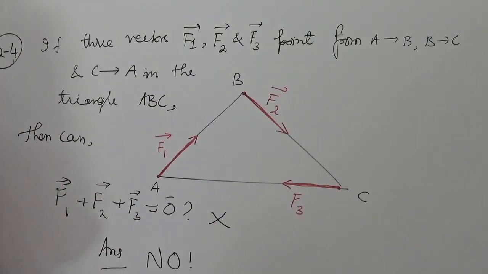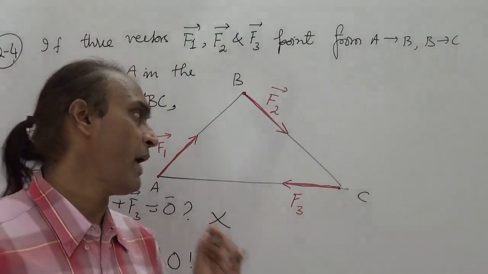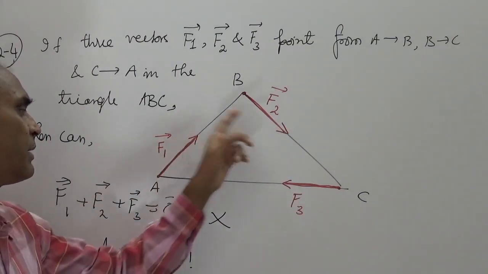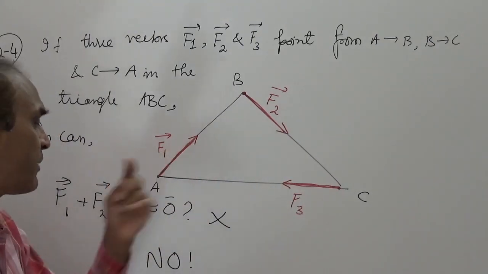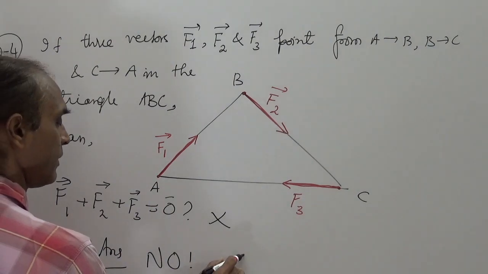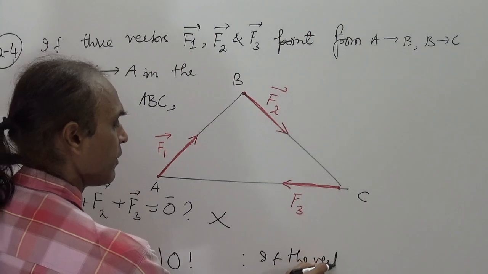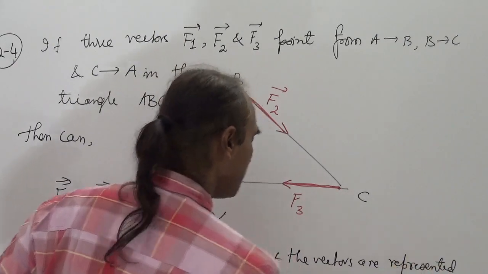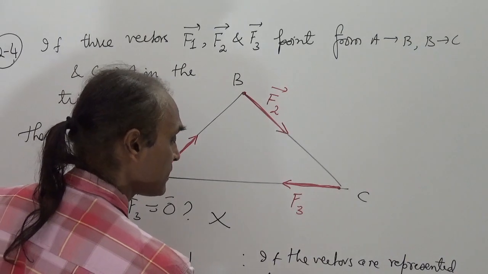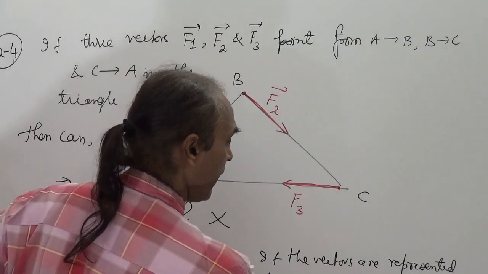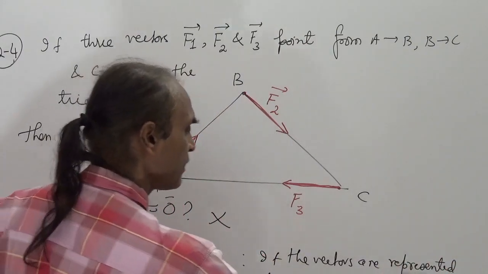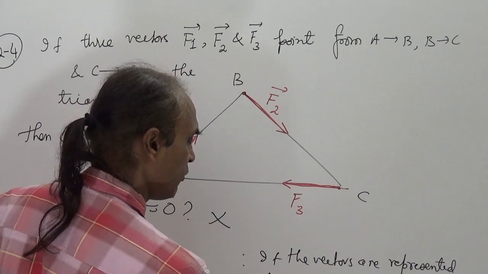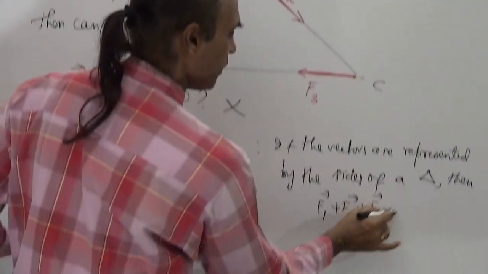To explain this, we have to go to the basic statement of the triangle law of vectors, which states that when these vectors F1, F2 and F3 are represented by the sides of a triangle, then in cyclic way, F1 plus F2 plus F3 will be equal to 0.